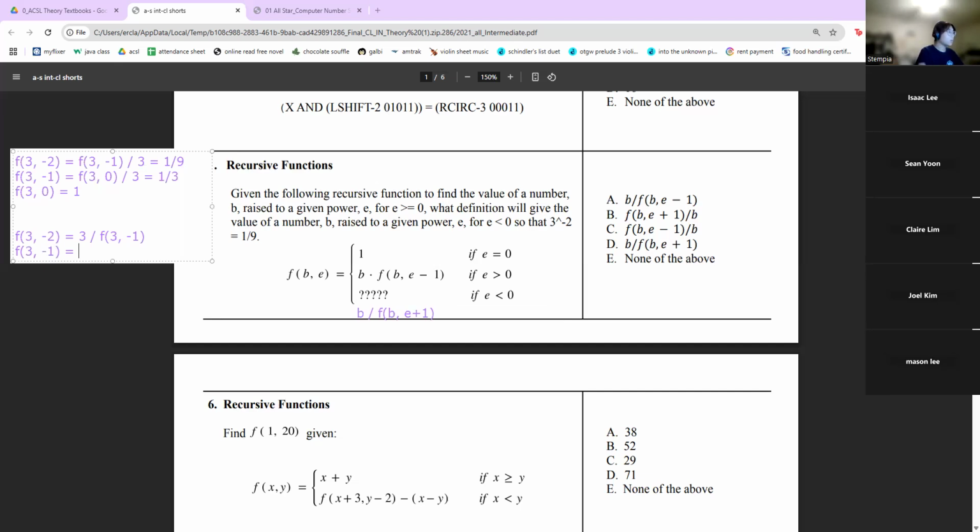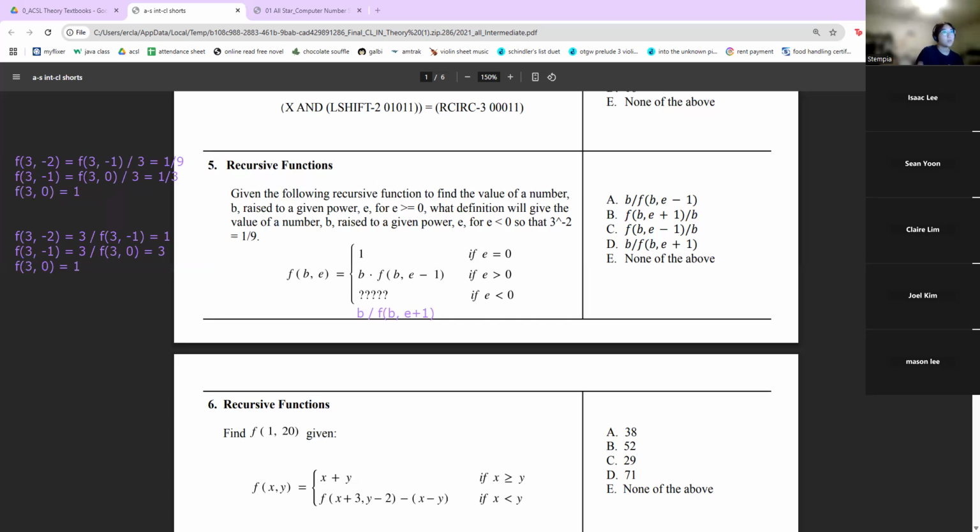F of 3 comma -1 would then give us 3 divided by f of 3 comma 0. And then f of 3 comma 0 gives us 1. So 3 divided by 1 is 3, and 3 divided by 3 gives us 1. That is not the final answer that we are looking for, so D is not the correct answer.